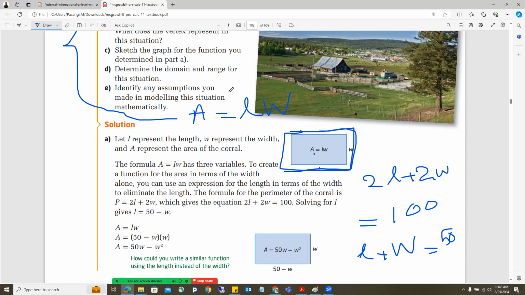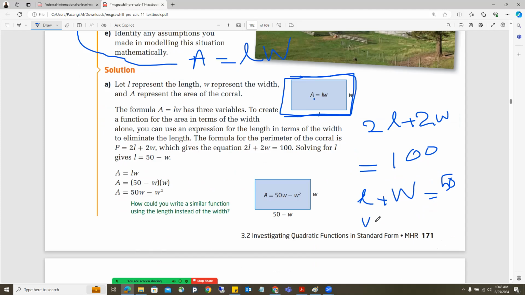If you wanted to keep the entire equation in terms of length, then you can remove W, the width, by substituting W equals 50 minus length. Then you can generate a quadratic equation.